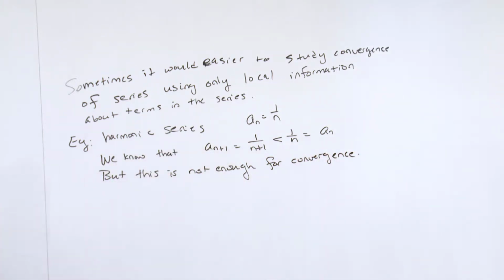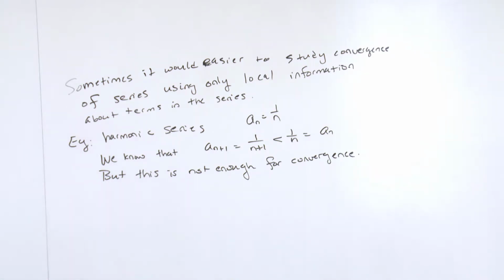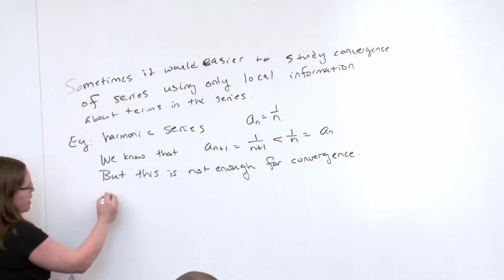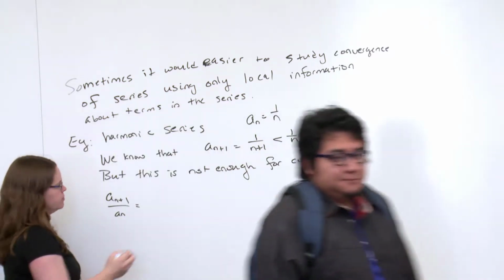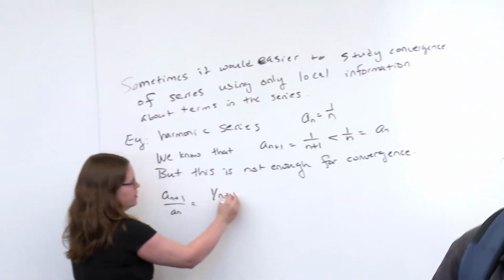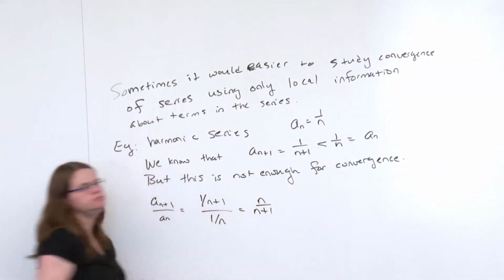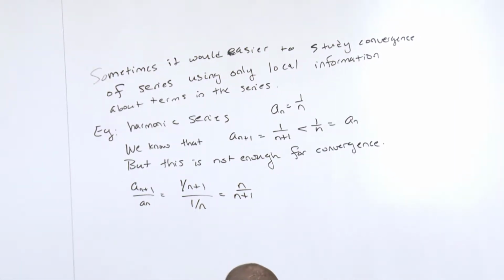And the reason this is not enough for convergence is that even though these terms are getting smaller, in the limit somehow they're kind of the same size. All right, so if we were to look, for example, at a_{n+1} divided by a_n, 1 over n plus 1 over 1 over n, what does that do in the limit as we take n to infinity?